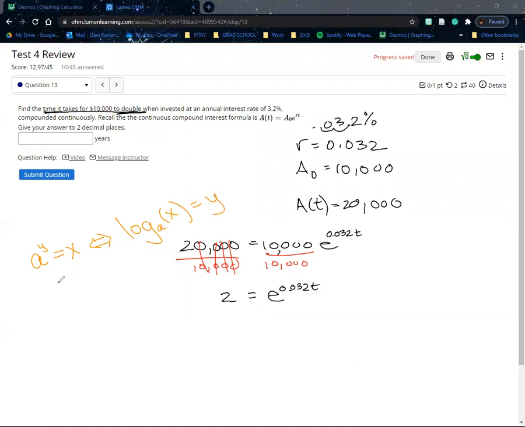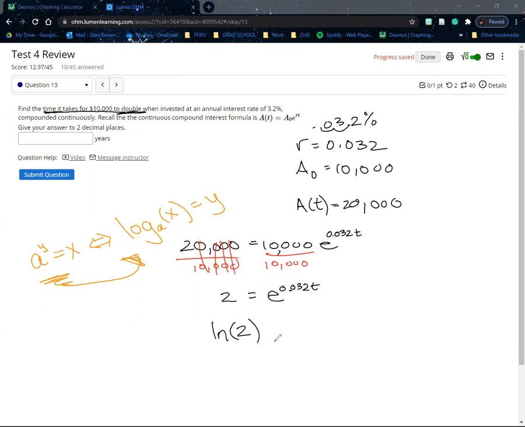Okay, so we're starting here and we're going there. So our log, and in this case we don't want to use log, right? Because we're dealing with e, so we're dealing with natural log, base e. What's our x? 2.